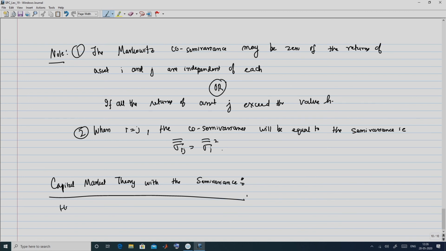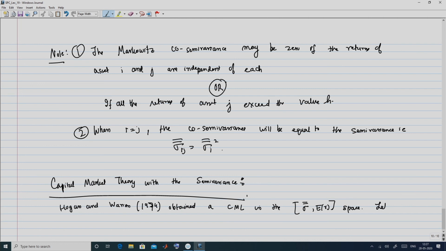So, this goes back to a paper by Hogan and Warren which came in 1974, and what they did was that they obtained a capital market line in the sigma double bar, ER plane instead of the sigma, ER plane that is there in case of the mean variance framework.